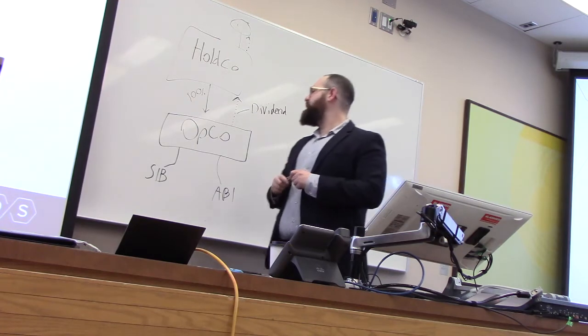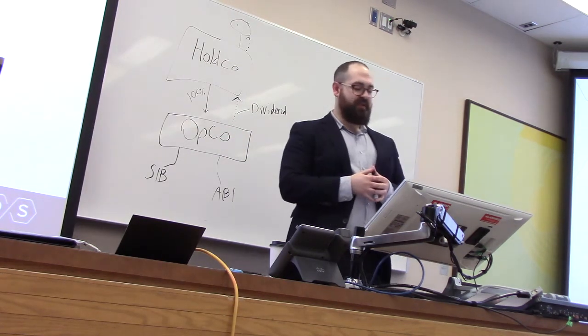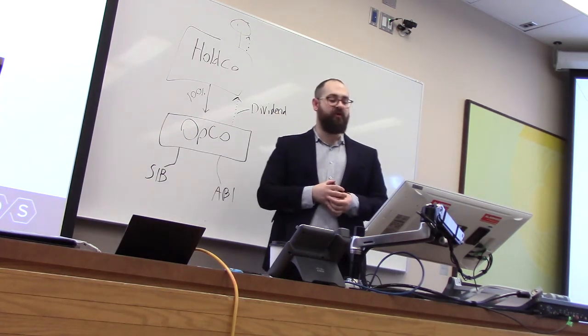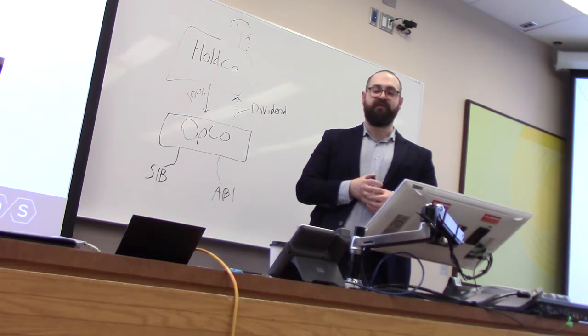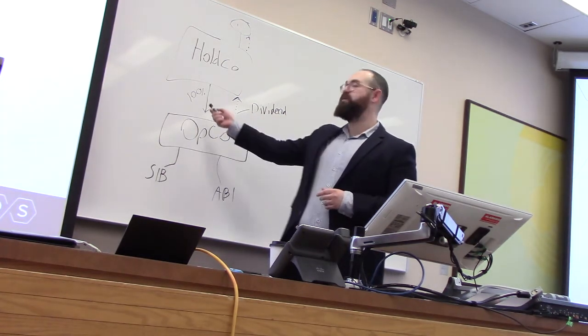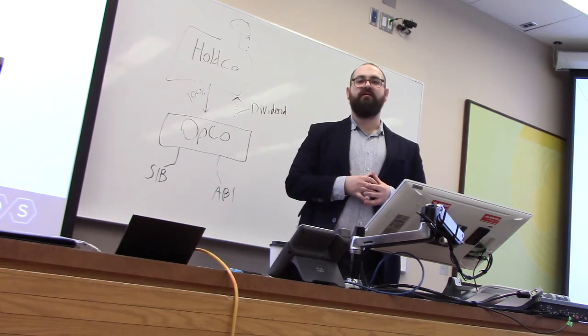So when the OpCo gets the dividend refund, then there's Part 4 tax applied equal to the ownership percentage of the dividend refund received. So, for example, in this case, it would be 100%. So let's say that the OpCo got a dividend refund of $12,000.